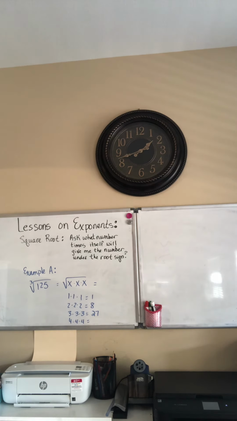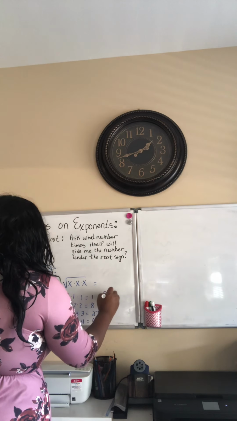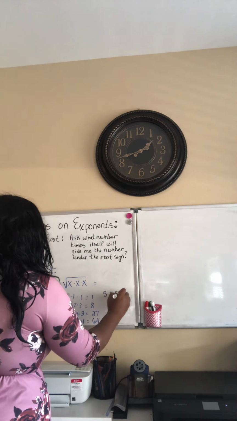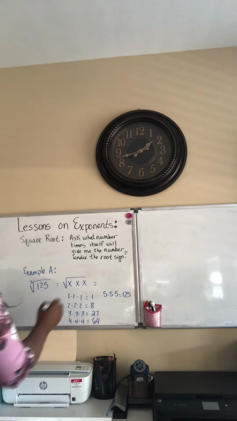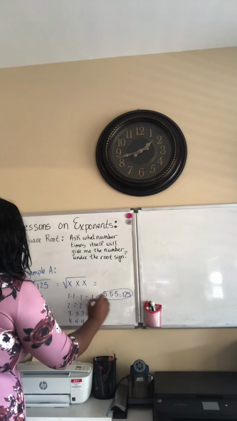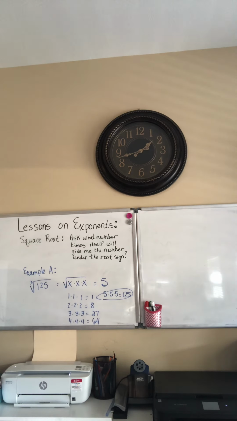All right, so then you have 64. Then you have 5 times 5 times 5, which would be 125. So in this case, this is the one I'm looking for. My final answer is always a single digit for my roots, and it is a 5.